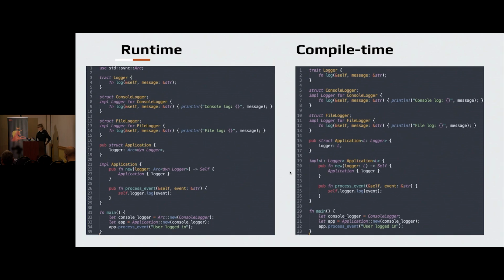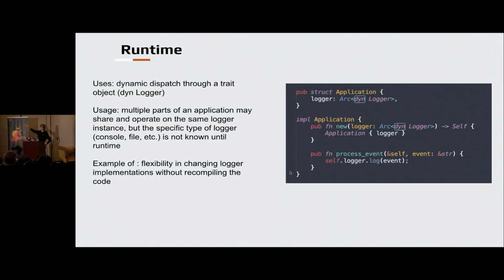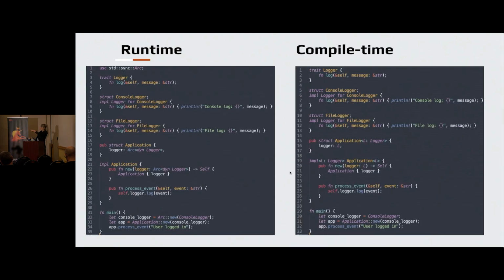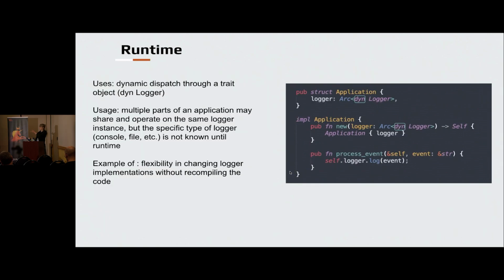Create as many loggers as you want, and they all can operate on the same instance by using specific types, and only during runtime for a specific logger we will define the type we want to use. So it is flexible. Again, probably from a type safety or performance perspective, it's not that efficient, but for a specific application, it's actually pretty good.